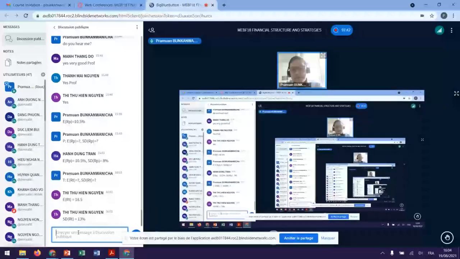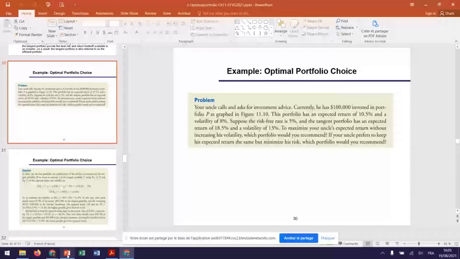What next? The next is they want to know how you're going to reallocate so that your uncle's expected return can increase without increasing his volatility.